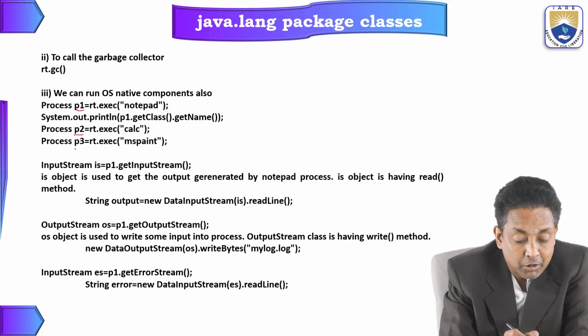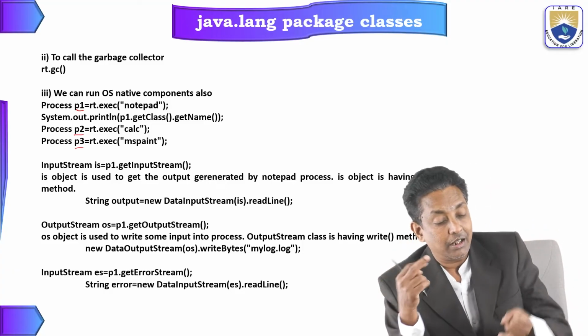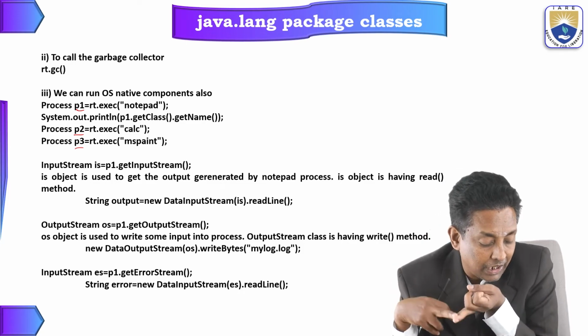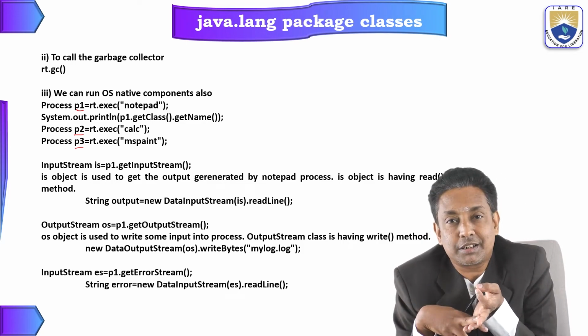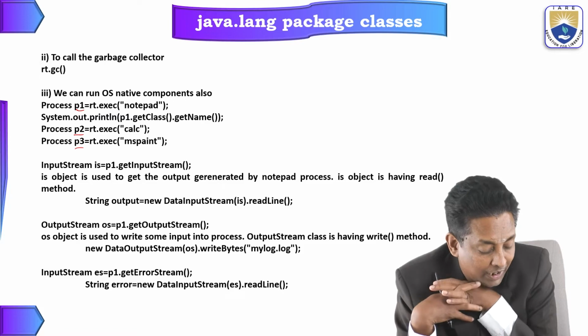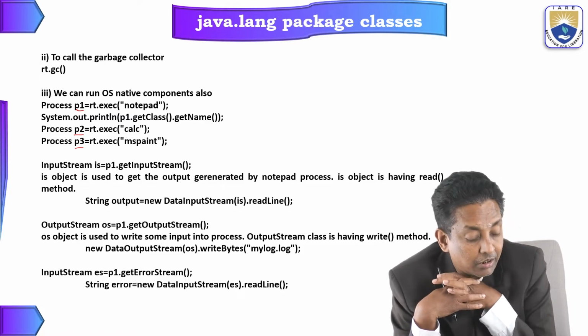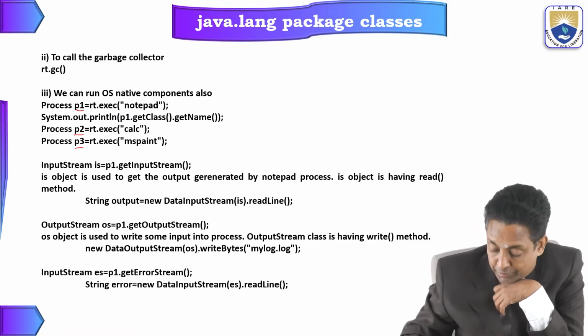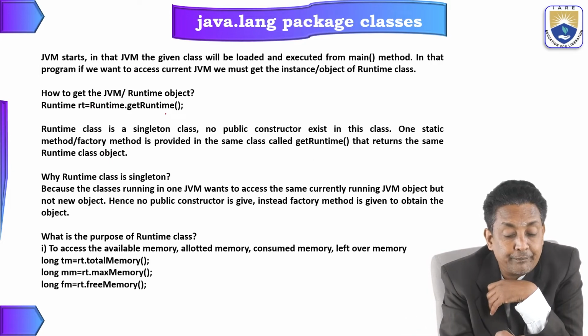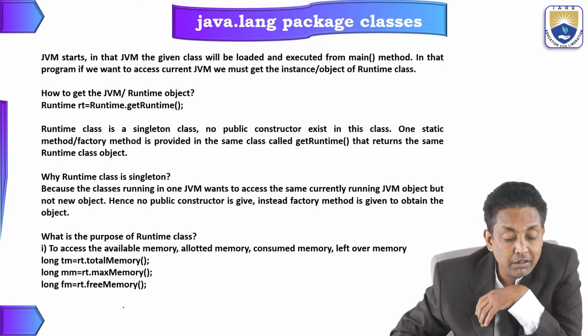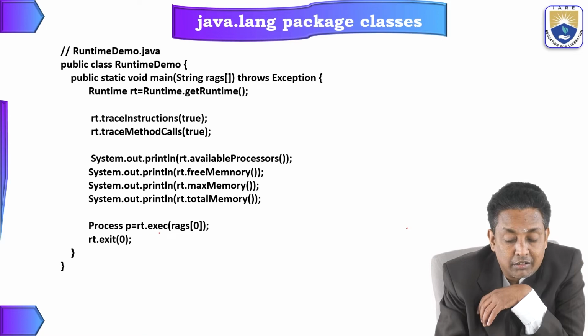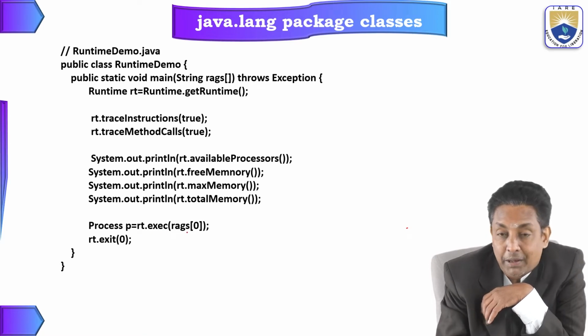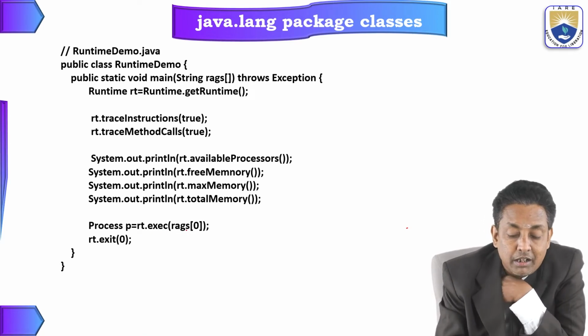Once after getting the Process class object, the Process class has three methods called getInputStream, getOutputStream, getErrorStream. So what will getInputStream do? You call Runtime.getRuntime and you'll get the Runtime object. On it you call the exec method, and you pass some executable file as argument here.